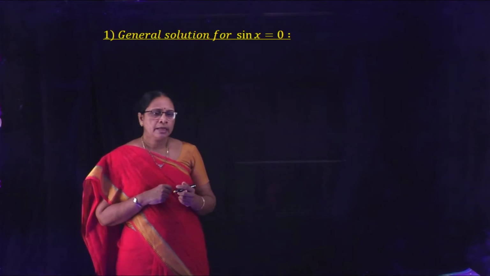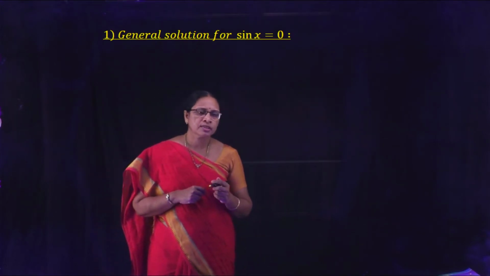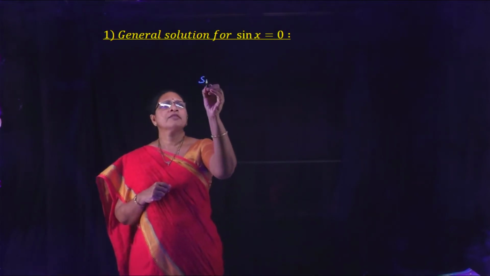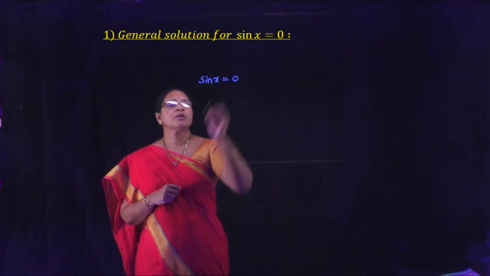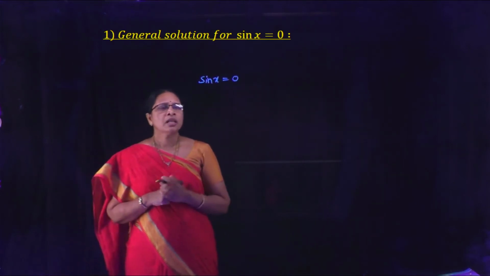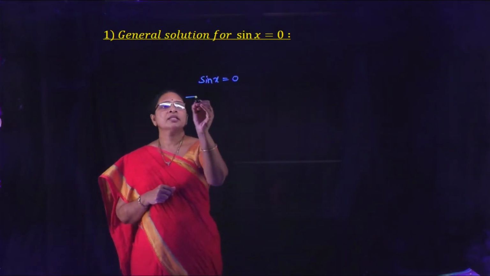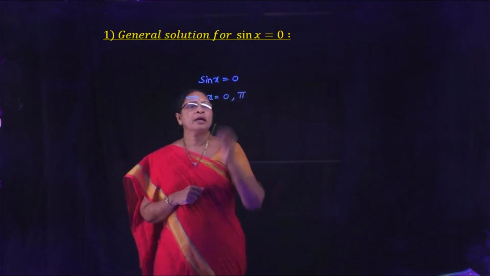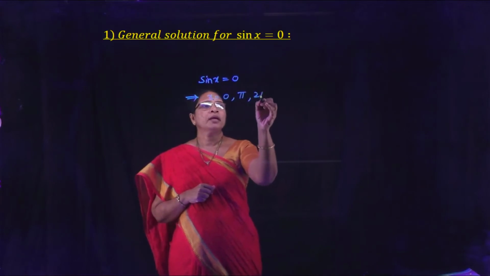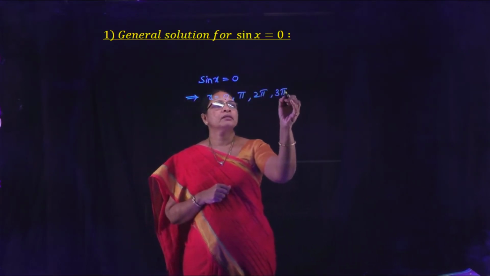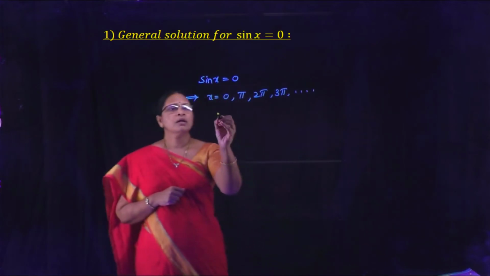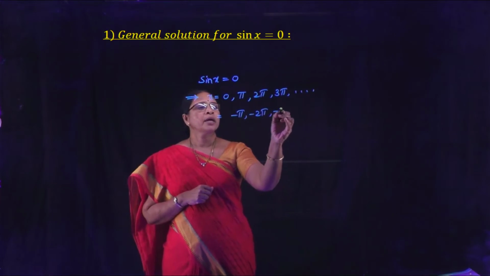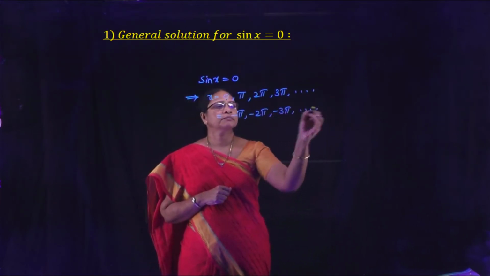First we have to find the general solution for sin x equal to 0. Here the given equation is sin x is equal to 0. The values of x satisfying this equation are x is equal to 0, pi, 2 pi, 3 pi, and so on, and also minus pi, minus 2 pi, minus 3 pi, and so on.